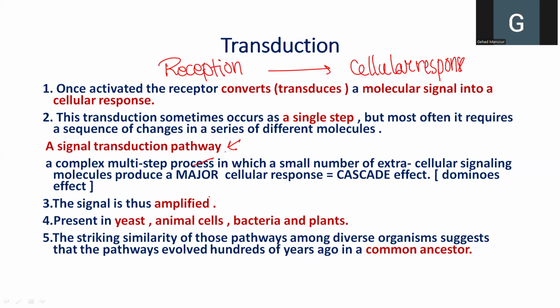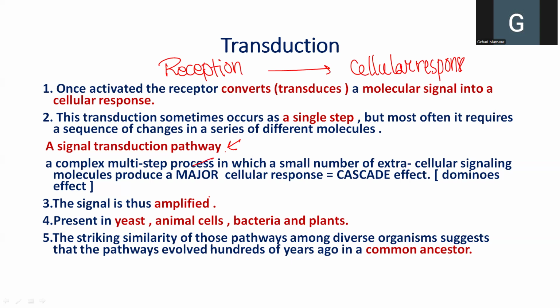Yes, it is a multi-step process, but not only is it a complex process, nor only is it a multi-step process, it's also a process where amplification occurs, where we obtain at the end of the day a major effect.